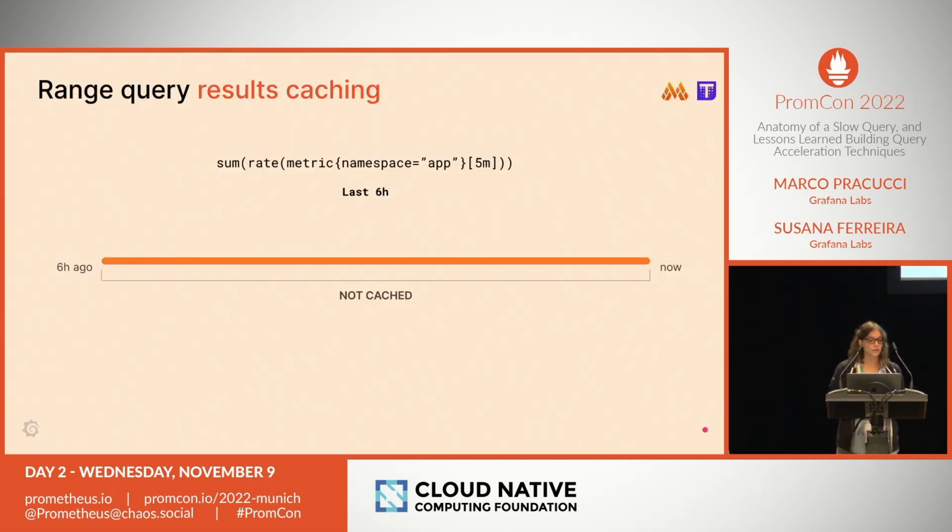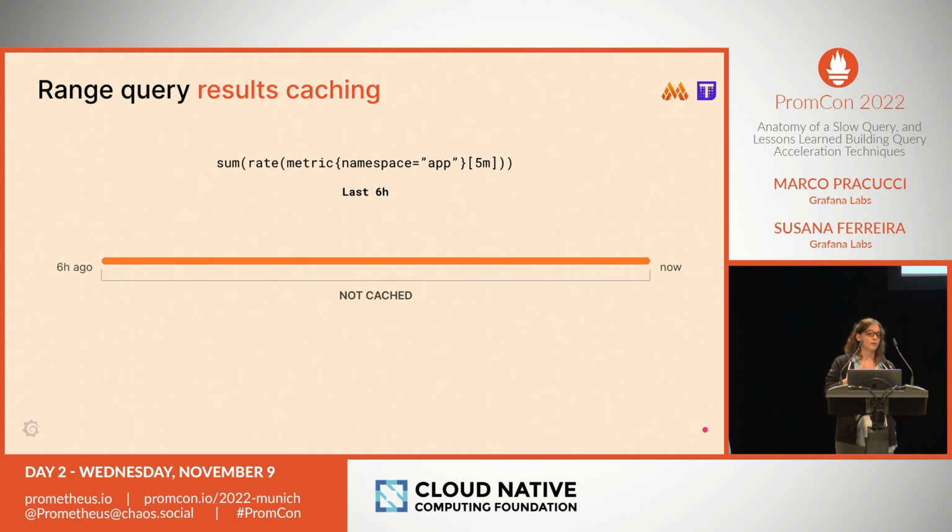Let's assume that you have a dashboard with a panel with this range query over the last 6 hours. When the panel loads for the first time, it will execute the query, and it will have to process all the samples from the last 6 hours up until now. But then we can store this result in cache.